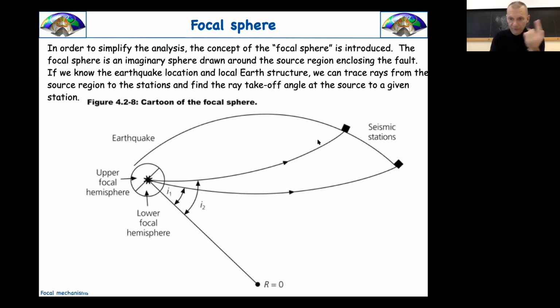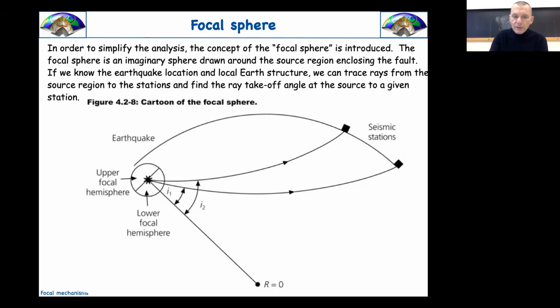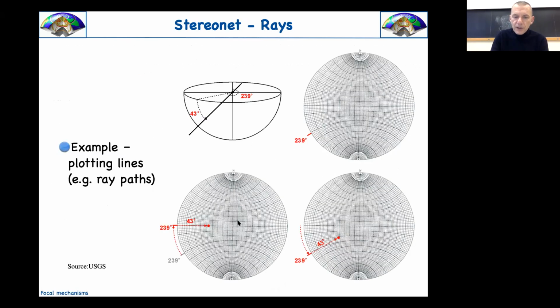Knowing the structure of the Earth, from this information here, we can trace this information here. That is the takeoff angle. So this information will be mapped like this as a point.